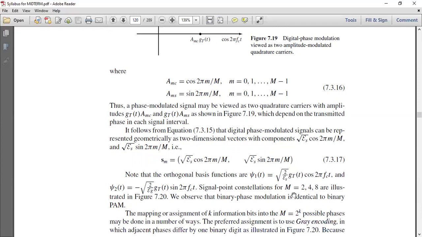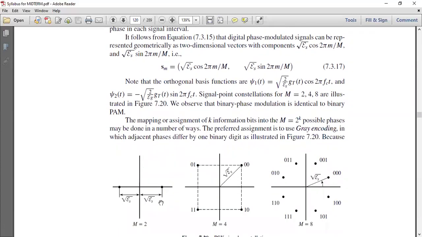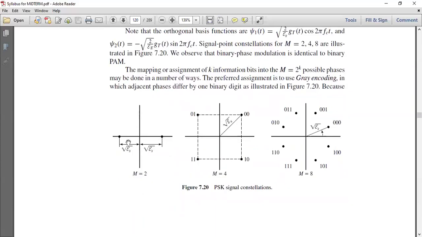Signal point constellations for M equal to 2, 4, and 8 are illustrated in figure 7.20. If we take M equal to 2, we get this, and they are 180 degrees out of phase. If we take M equal to 4, this is 4-PSK.